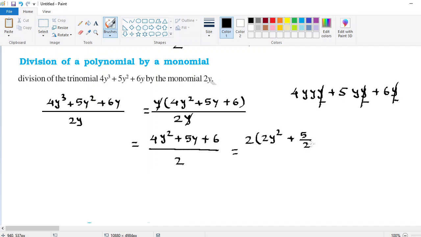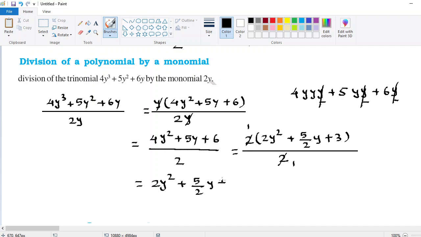That will keep the value of the term the same. Plus 6, but after taking 2 common it becomes 3. Now we cannot take the variable common because this last 6 has no y, so we can cancel this 2 and our answer is 2y square plus 5 by 2 y plus 3.